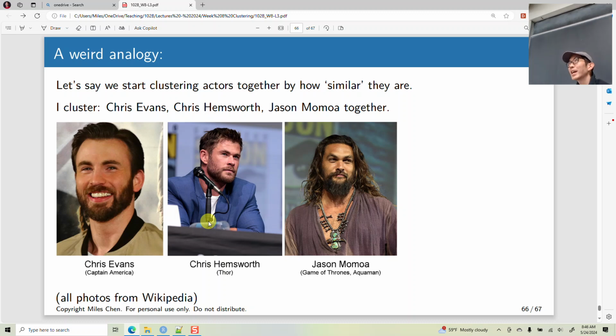So I put up these actors, because I enjoy superhero movies and stuff. You might try to cluster certain actors together. So here you have Chris Evans, Chris Hemsworth, Jason Momoa. These play the superhero, muscular, brawn, very powerful kind of characters.